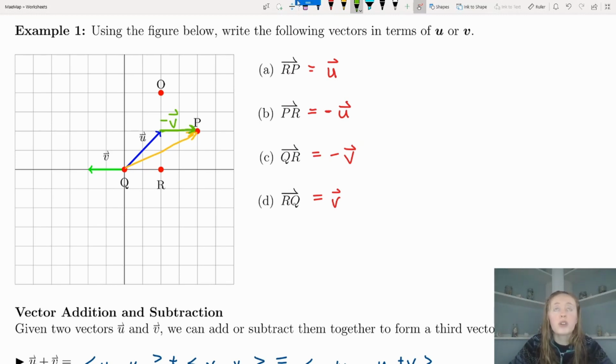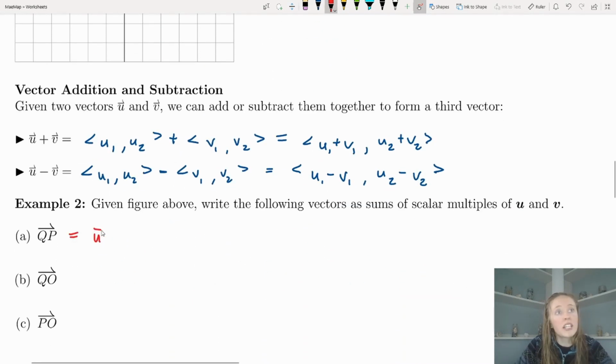Addition's commutative, so we can also move the other way. Let's move first a negative v, which would give us that vector QR, but then to that add u. You can see that again, we still result in that QP vector. So vector u minus vector v, or the opposite of vector v plus vector u. Again, this is vector u minus vector v.